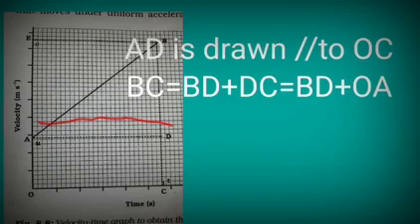Now AD, that which is marked in red color from A to D, that line is drawn. It is parallel to OC. So BC is equal to BD plus DC, and again it is equal to BD plus OA.